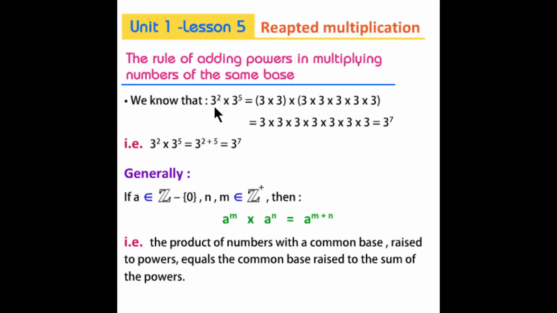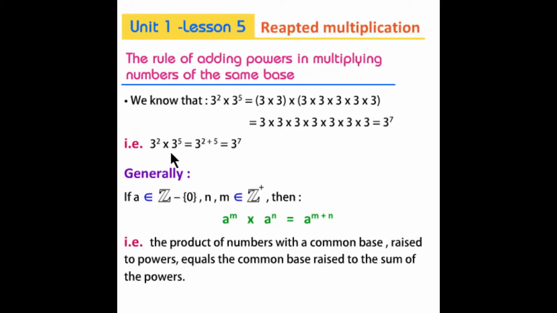At first, 3 to the power 2 means 3 times itself, and 3 to the power 5 equals 3 times 3 times 3 times 3 times 3, 5 times, equals 3 times 3 times 3 times 3 times 3 times 3 times 3, which equals 3 to the power 7. That means 3 is multiplied by itself 7 times.